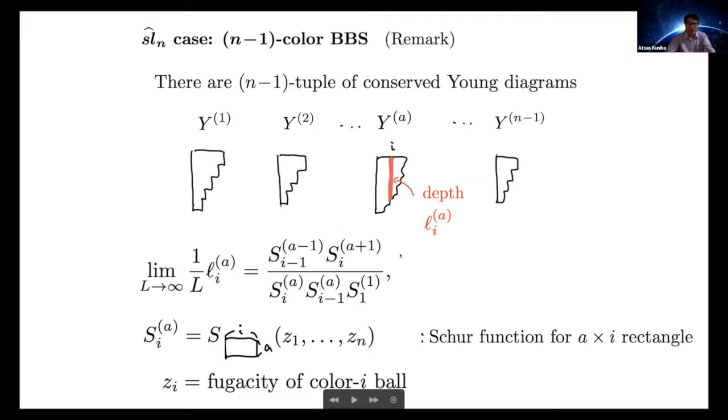Then the result is expressed by this ratio of Schur functions with rectangular shape, where the entries are the fugacities of the colors, and so on. This result was mentioned also in Han's talk yesterday, and in his talk, I think, rows and columns are switched, since he uses a transpose convention. So I'm sorry for changing the convention.